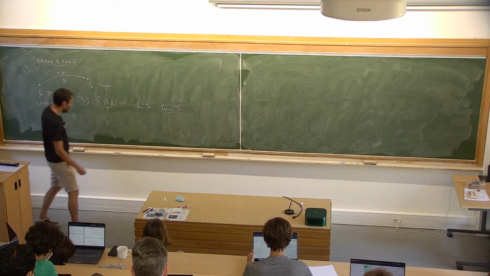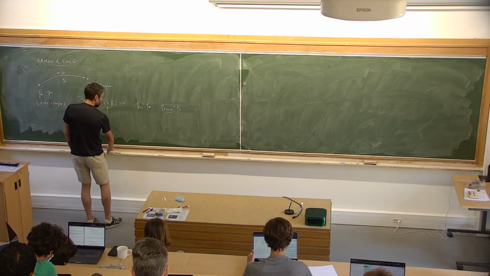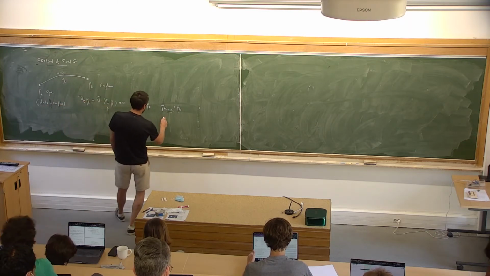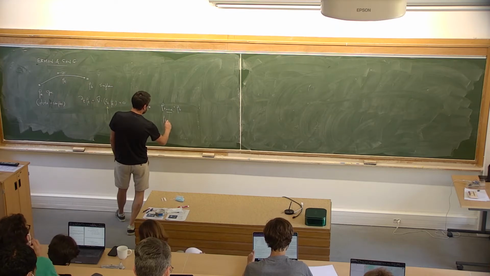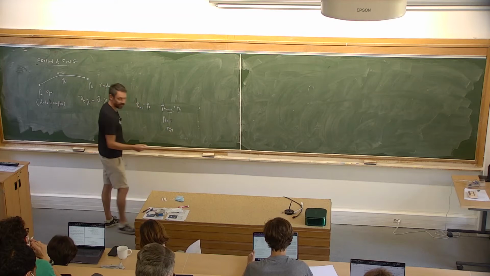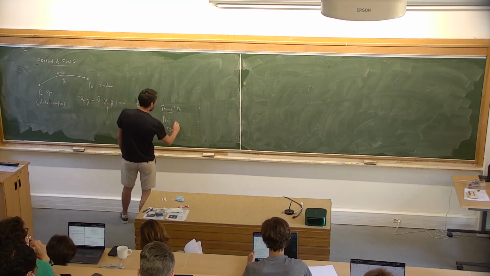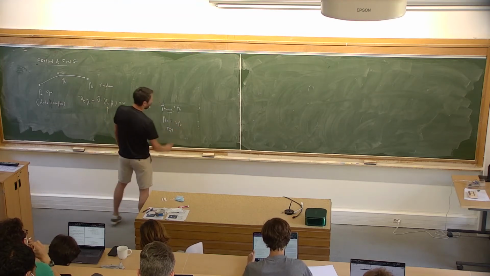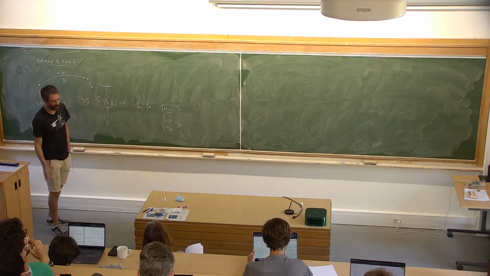The idea being that, well, if we can find that, then if I take a t which is sufficiently large, and we'll see what that means, I'm going to get something which is approximately equal to rho b, the base.